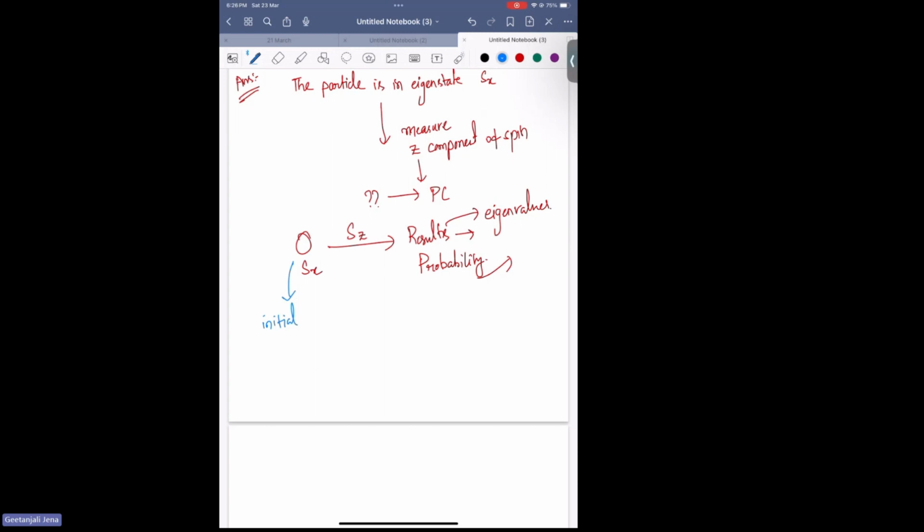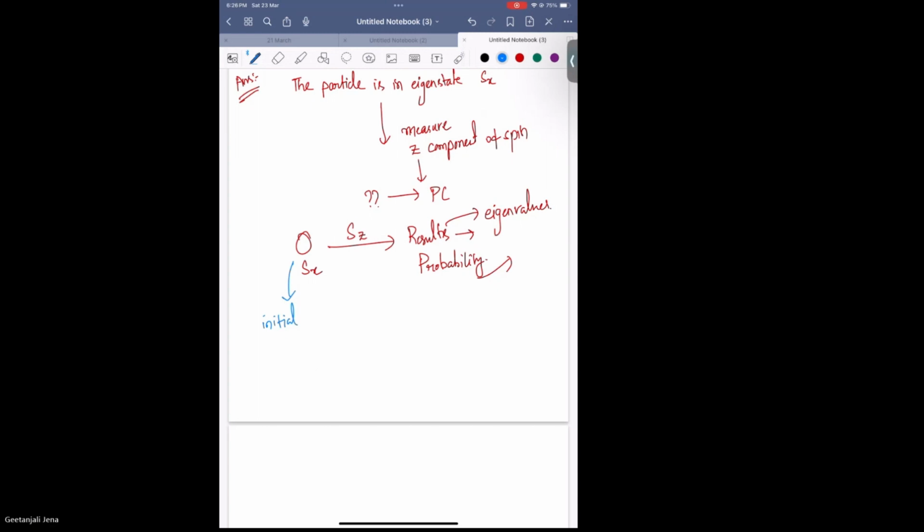The eigenstates of Sz are nothing but (1, 0) and (0, 1). In the first question, I showed you how you can write the eigenstate of Sx in terms of the Sz basis.